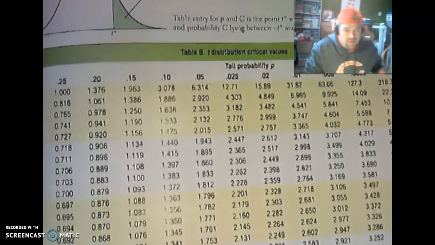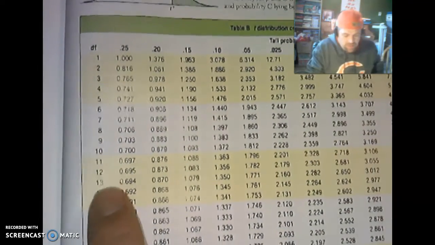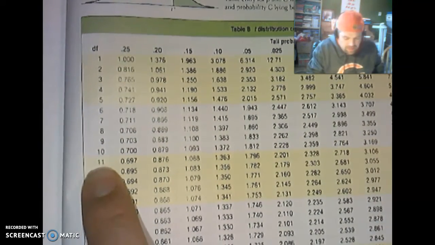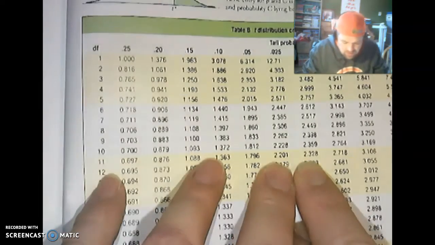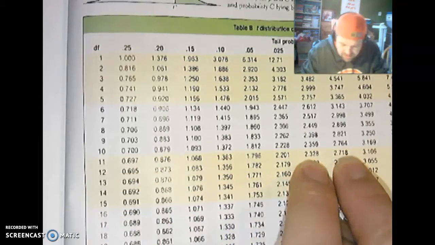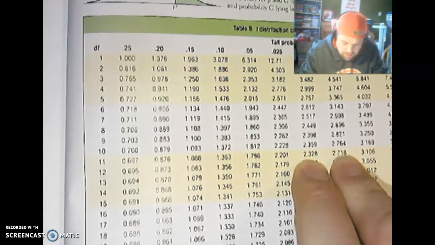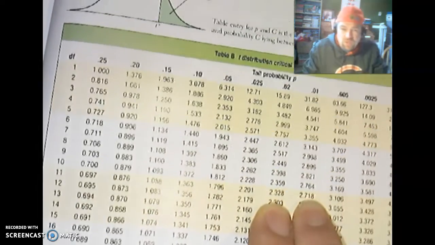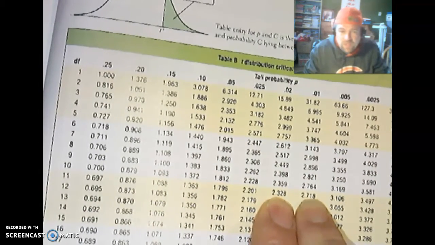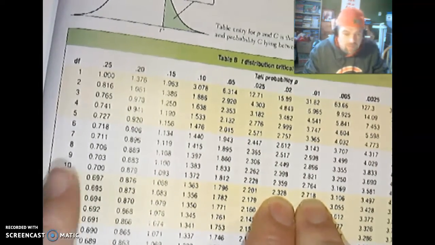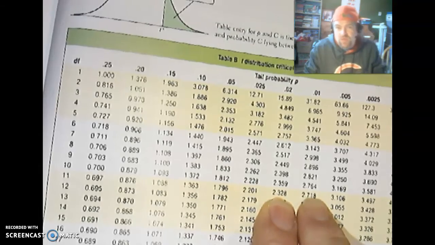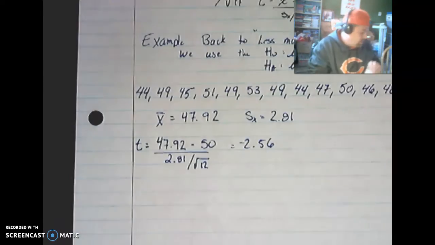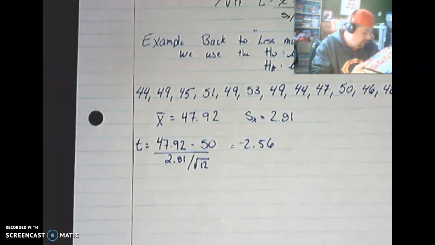Remember, we had 12 for our sample, so our degrees of freedom is 11. I slide my finger over until I see 2.56. 2.56 doesn't really exist, but I know the p-value is going to be between 0.02 and 0.01. I slid it over, found my test statistic, my t-score, and I know it's between 0.02 and 0.01. Then I come over here and write that down.